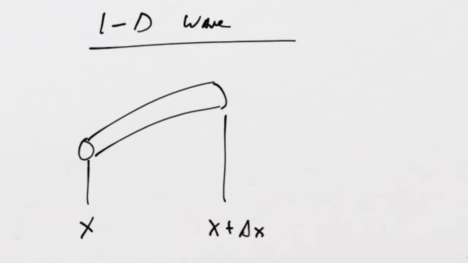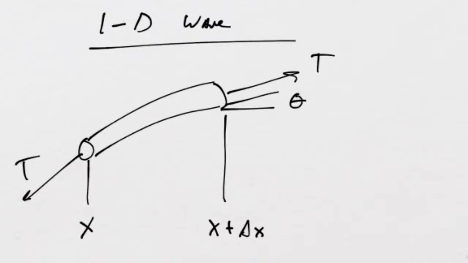And then I'm going to point out that the tension on the string is always tangent to its direction, which is one of the fundamental approximations of the 1D wave equation. And then I'm going to assert that the angle over here is theta of x plus delta x, and the angle over here is theta of x.